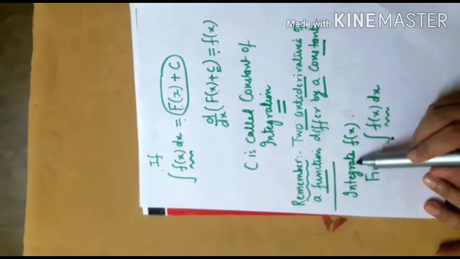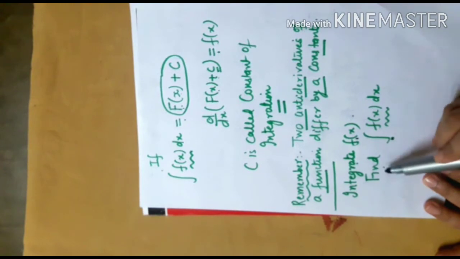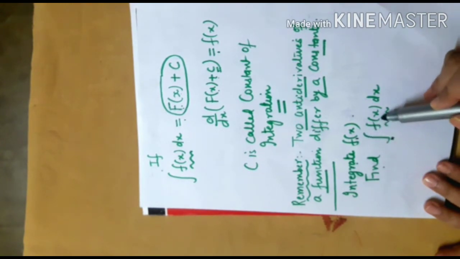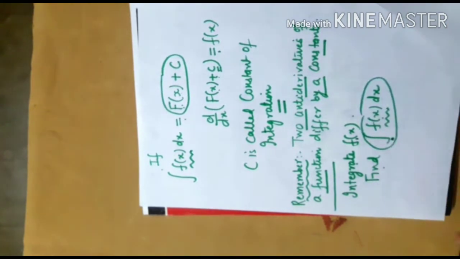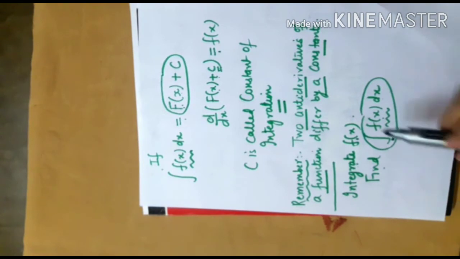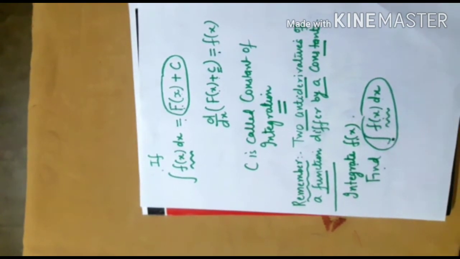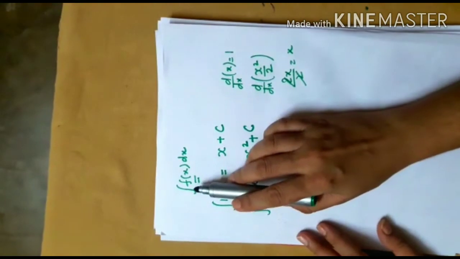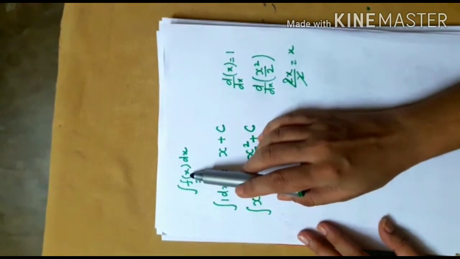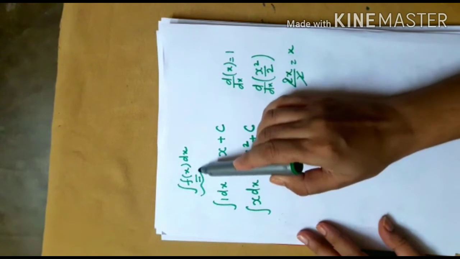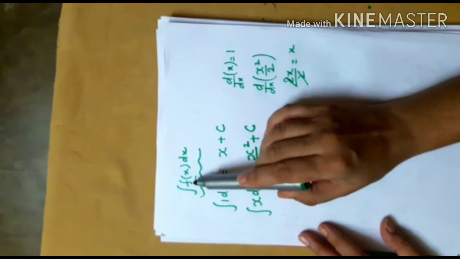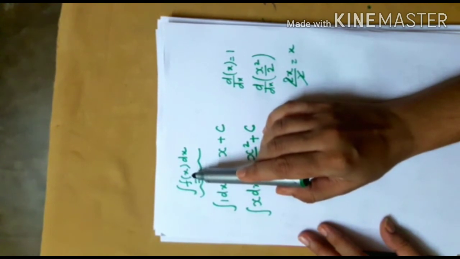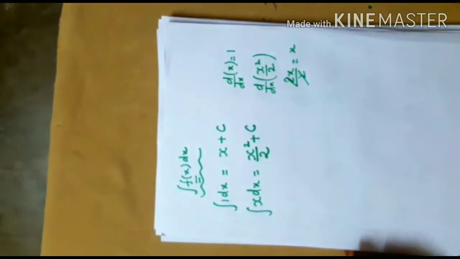So, when I say integrate f(x), it means find integral f(x) dx, because this denotes the family of antiderivatives of f(x). So we have learnt the meaning of integral of f(x) dx. It means the family of antiderivatives of f(x), that is the family of functions whose derivative is f(x).